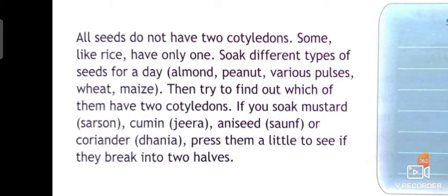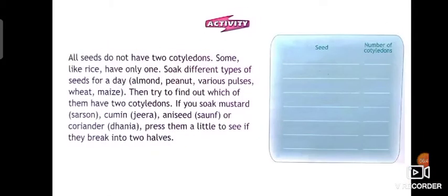Almond, peanut, various pulses, wheat, maize, okay, and then try to find out which of them have two cotyledons. If you take mustard, cumin, aniseeds, or coriander, press them a little to see if they break into two halves. Okay, children, you're going to write down the cotyledons.